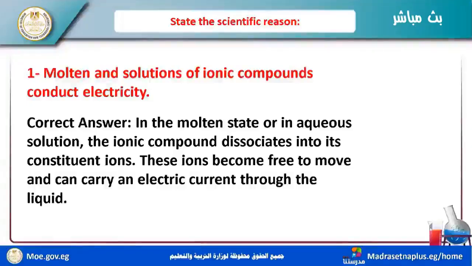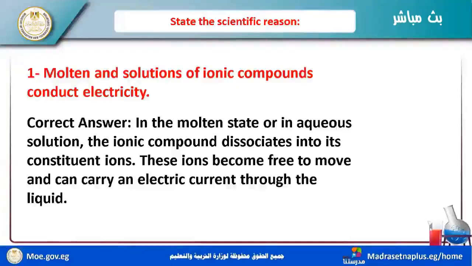Now we state the scientific reasons why molten and aqueous solutions of ionic compounds conduct electricity. Because in the molten state or in aqueous solution, ionic compounds dissociate or ionize into their constituent ions.